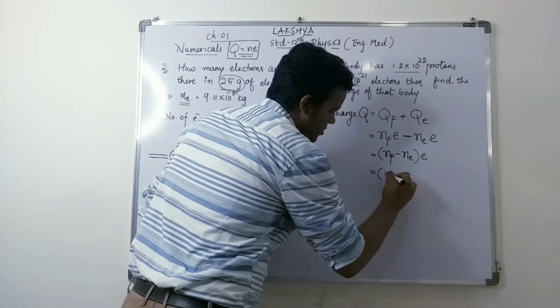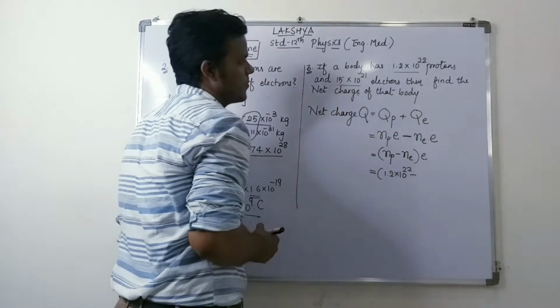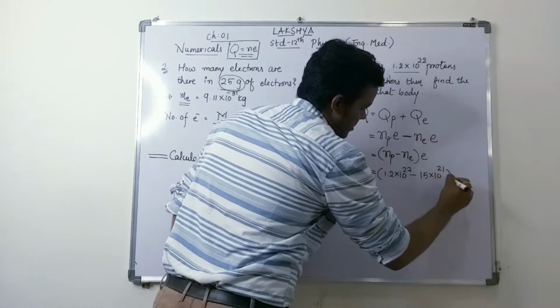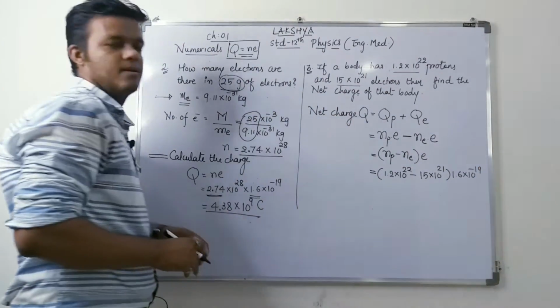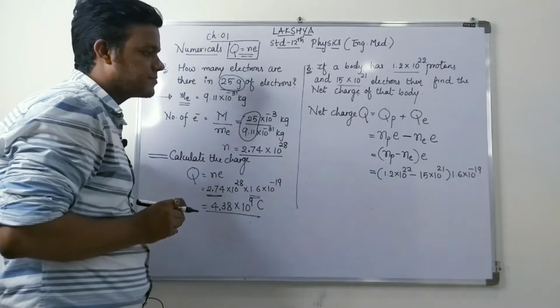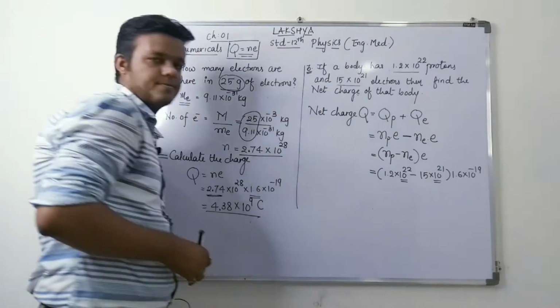First one: 1.2 into 10 raised to 22 minus number of electrons, 15 into 10 raised to 21, into 1.6 into 10 raised to minus 19. Okay. Now to subtract or add, we will have to equalize these powers.